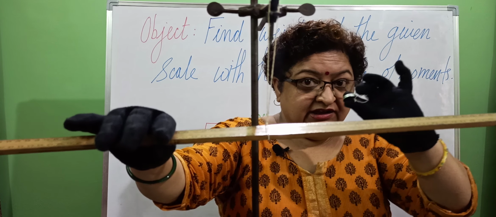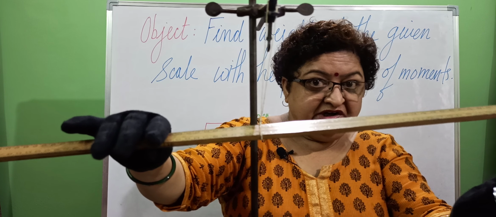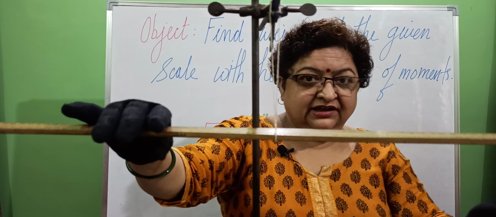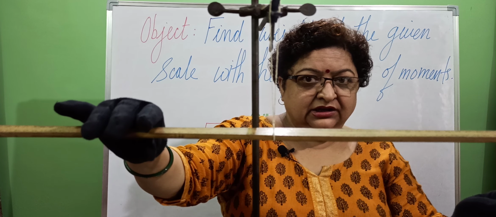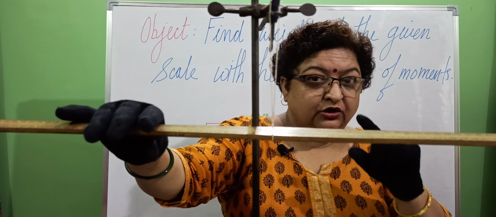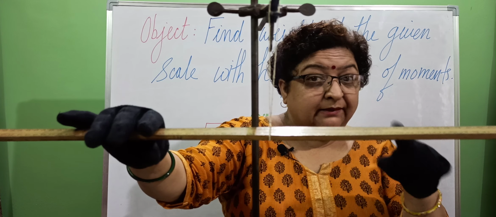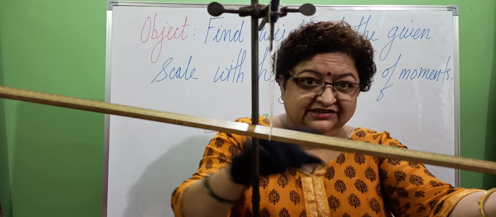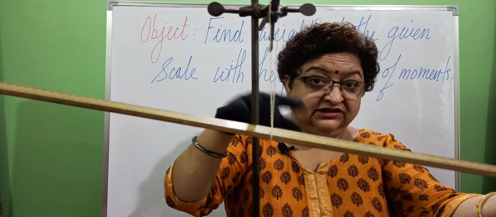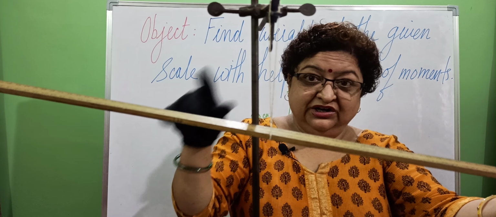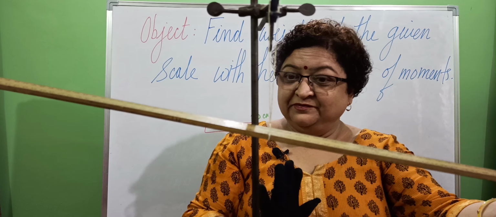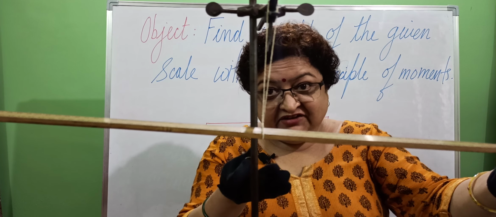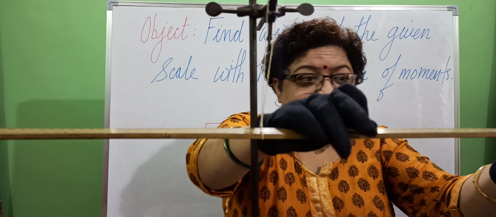This is 20 gram and this is 20 gram, and the two weights are actually producing more torque than needed. See, now the scale has a tendency to rotate in just the opposite direction. So why don't we try a 20 gram weight and a 10 gram weight?